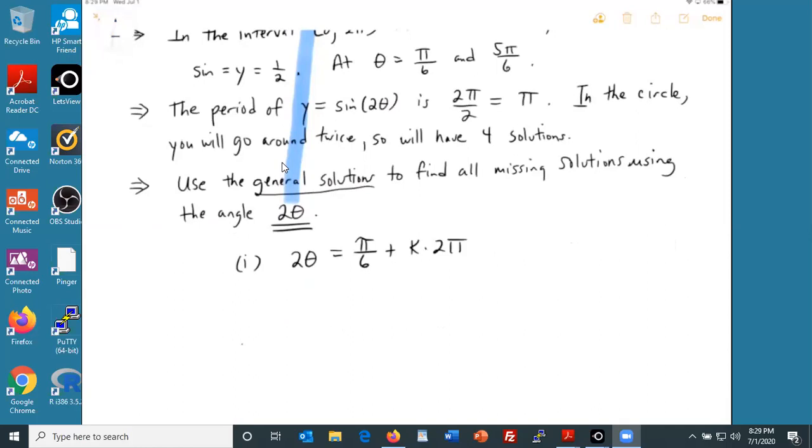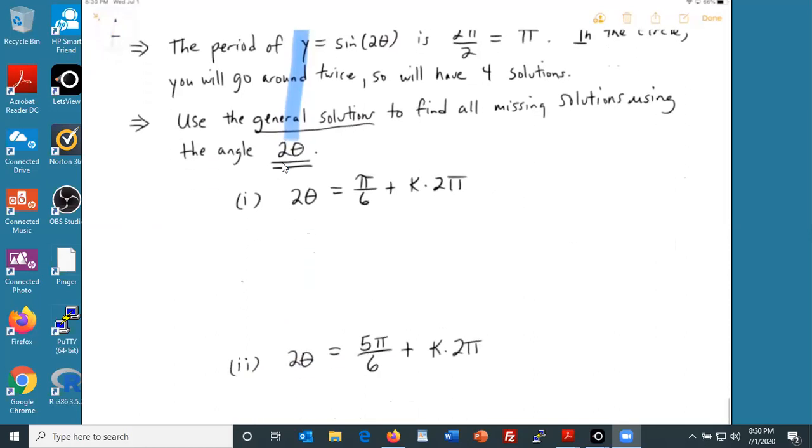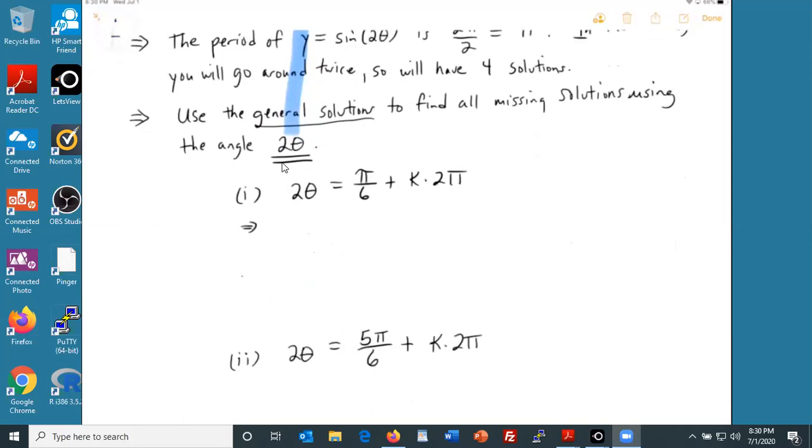And then the second solution will be 2 theta equals the other angle I found, 5 pi over 6 plus k times 2 pi. Now, we already have two of the solutions, and that's when k is 0. So if we let k equal 0, we can get one of these missing solutions.